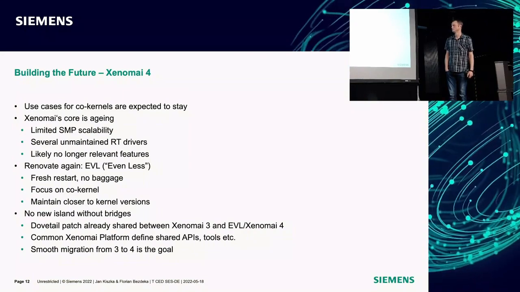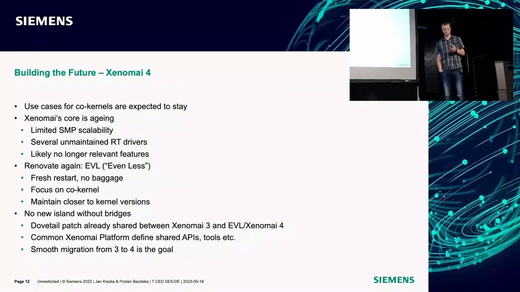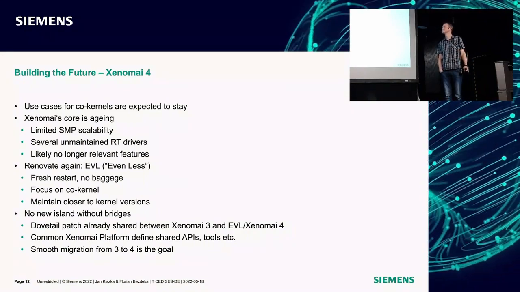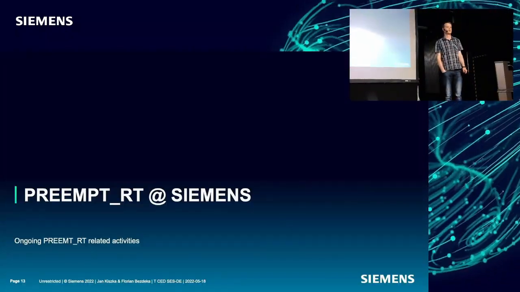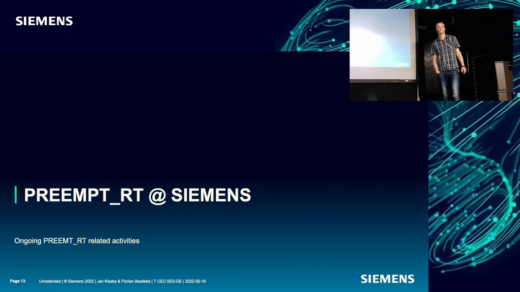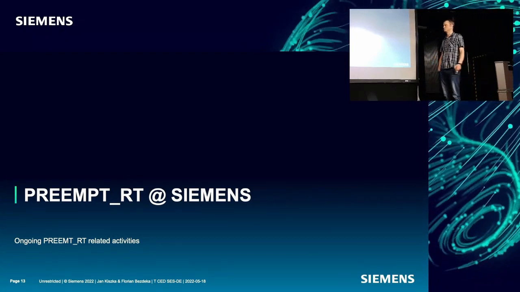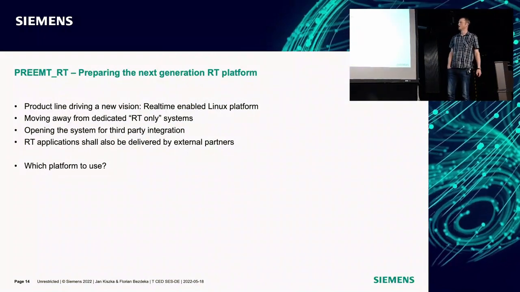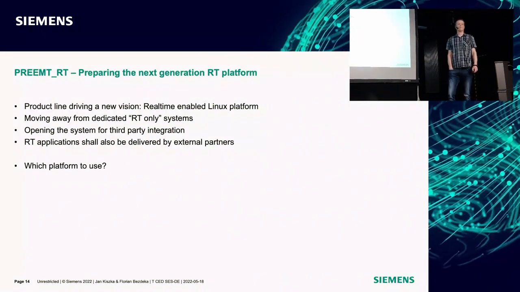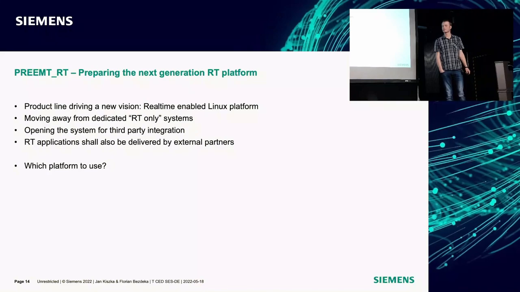Did I skip something? No, looks good. So, with that, we talked a lot about Xenomai, which is one of the real-time systems that we support at Siemens. My team supports, so there might be more. But there's Preempt-RT as well.